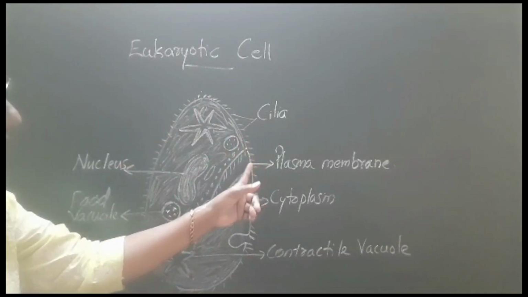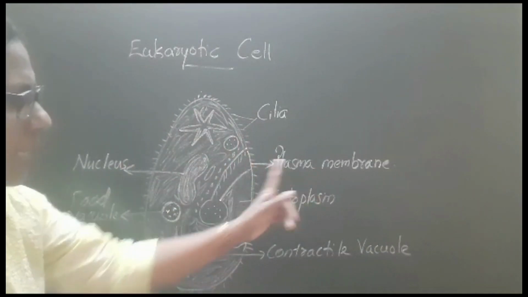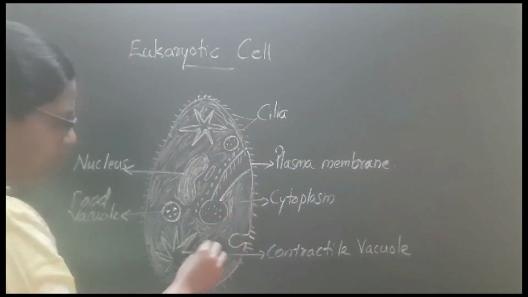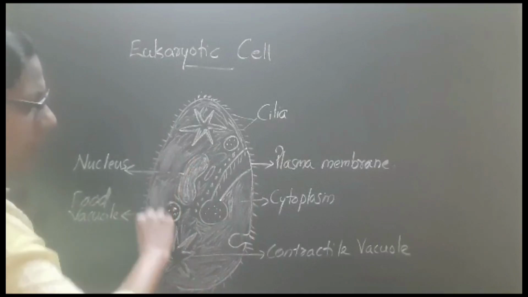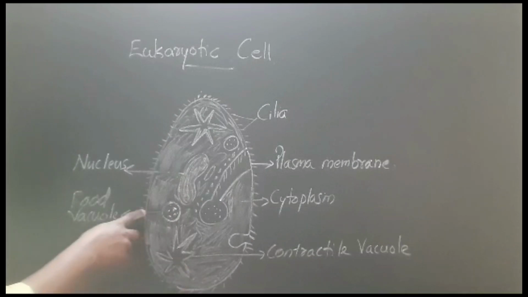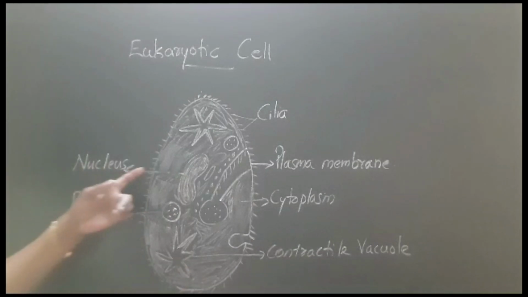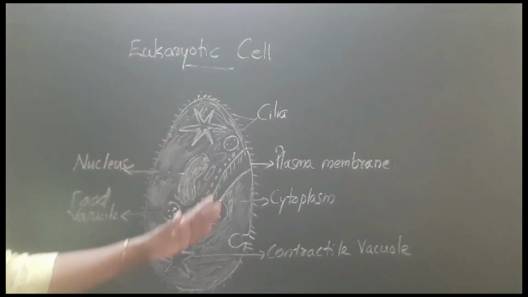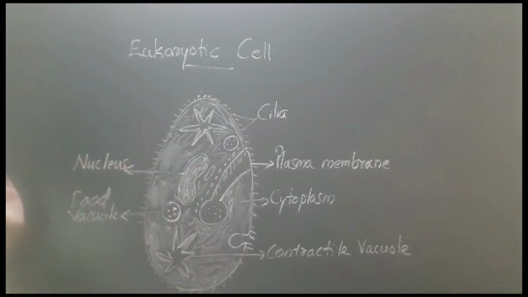Then the membrane is called the plasma membrane. Inside there is cytoplasm. Then the contractile vacuole, the food vacuole, and then the nucleus. These are the parts of the eukaryotic cell.